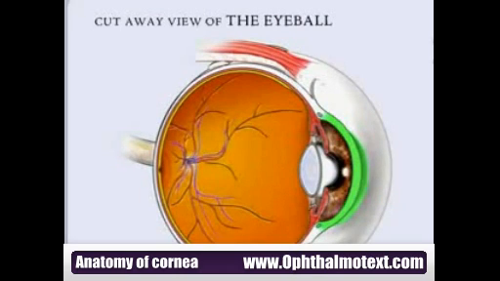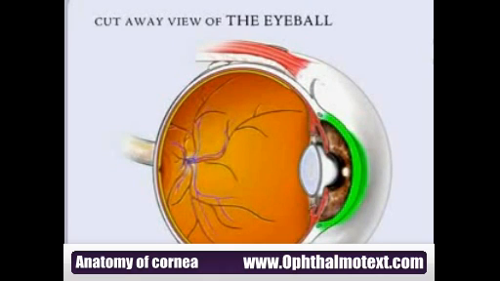What are the 5 different layers? The superficial layer of the cornea is the layer of stratified epithelium. The second layer is known as Bowman's membrane, also called the anterior elastic lamina.